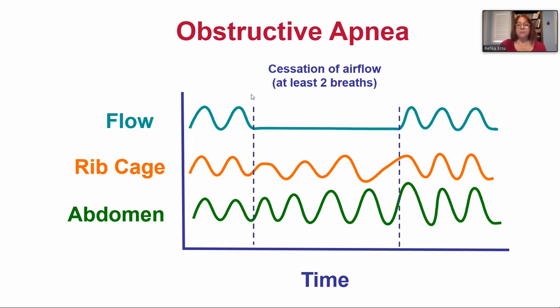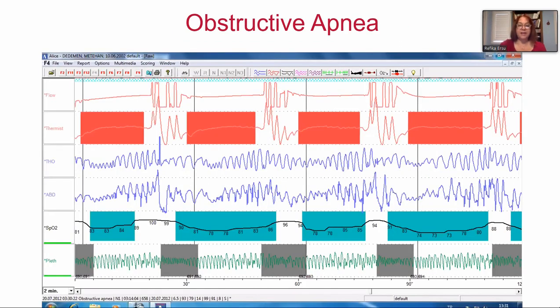It's important to know that there is no desaturation or arousal rule for obstructive apnea, because they are important events in themselves. So no flow lasting for 2 breaths in the presence of rib cage and abdominal movements that are usually paradoxical, you score obstructive apnea.